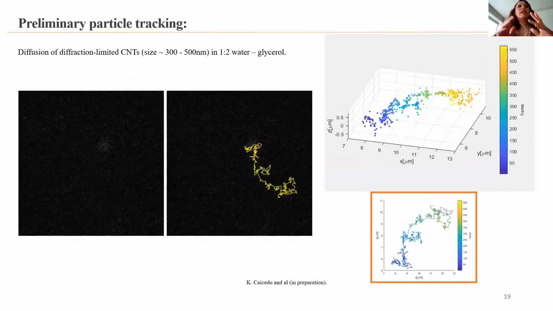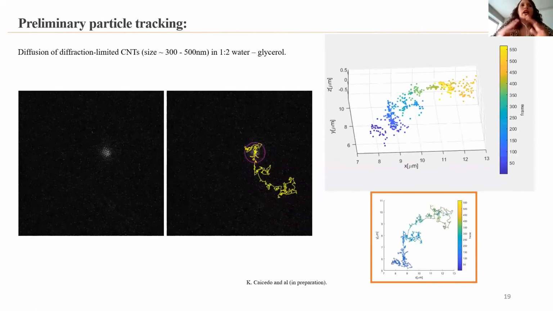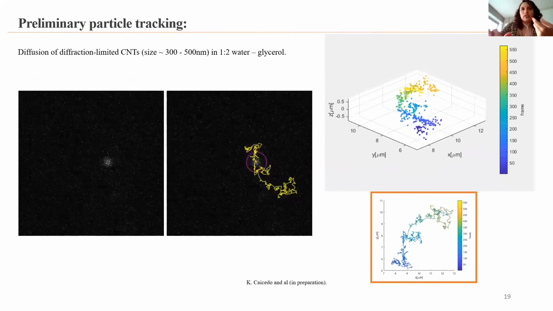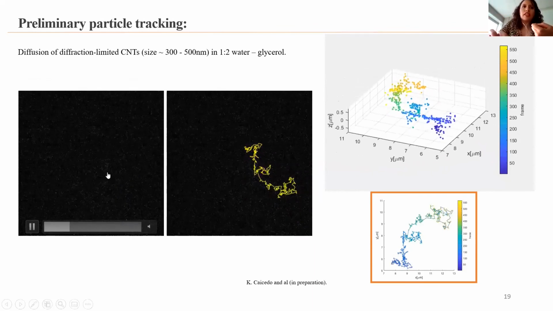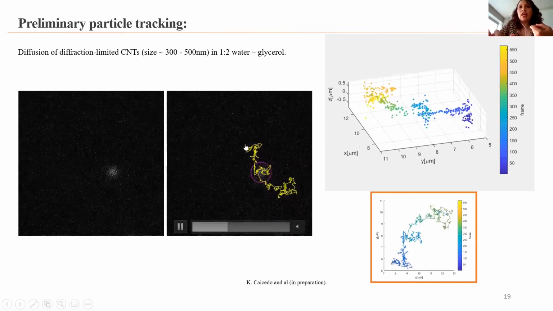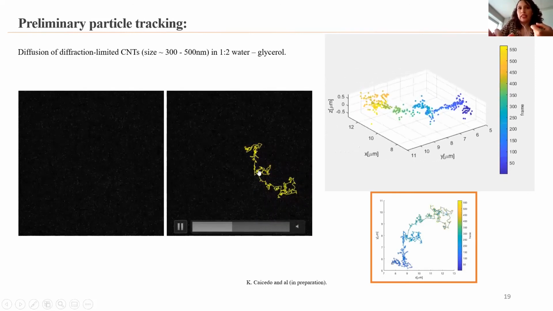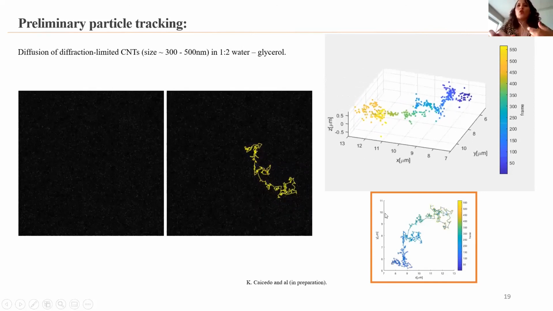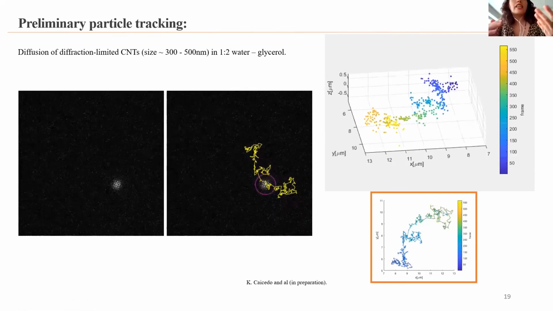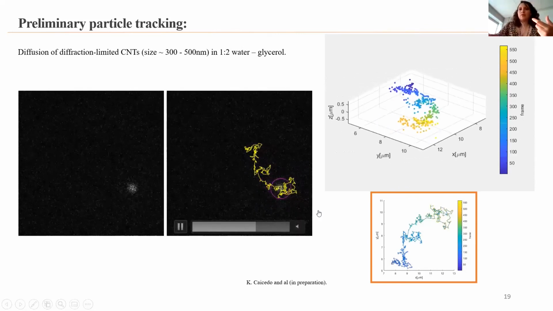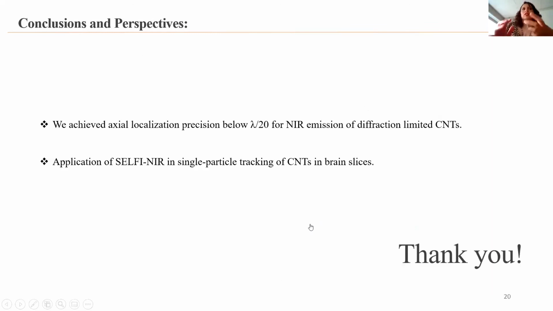As preliminary results, what we have been doing is diffusion of diffraction limited carbon nanotubes. Here we see a nanotube. It is slowly diffusing and we are able to track it. Of course, we are not only able to track it in 2D, but in 3D using SELFI.